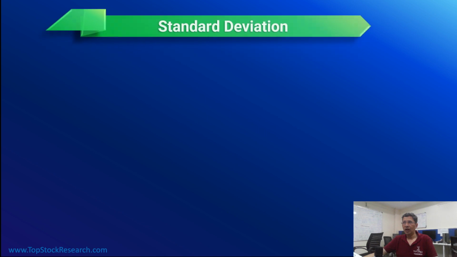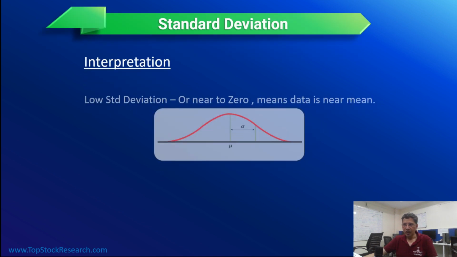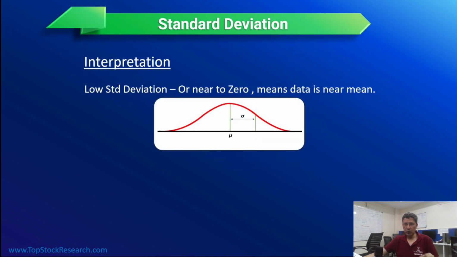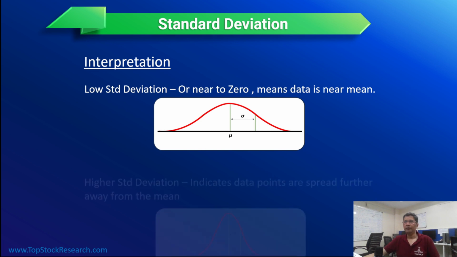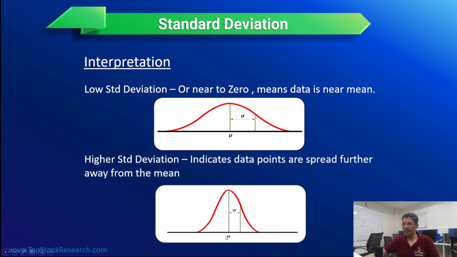All right. So, standard deviation interpretation. If the standard deviation is low, that means your price movement is very close to the mean, or the average, and its volatility is low, right? If the standard deviation is high, as we see here, it is far higher than that. And you see the curve, right?